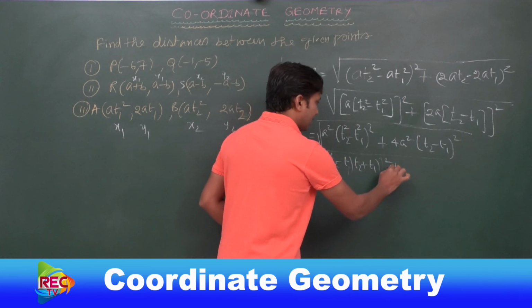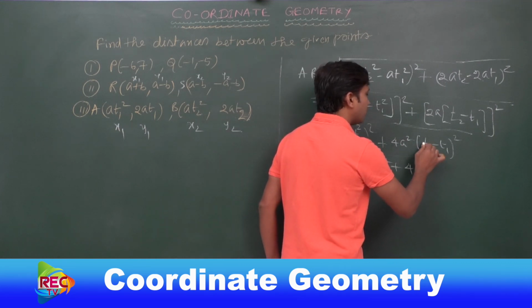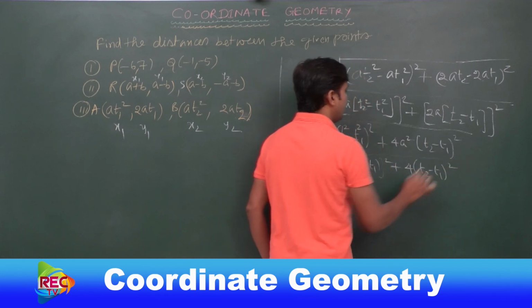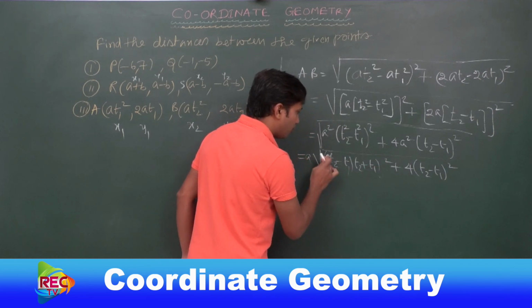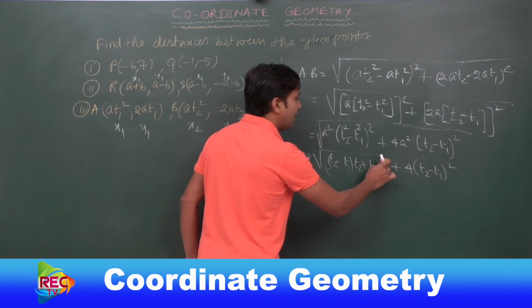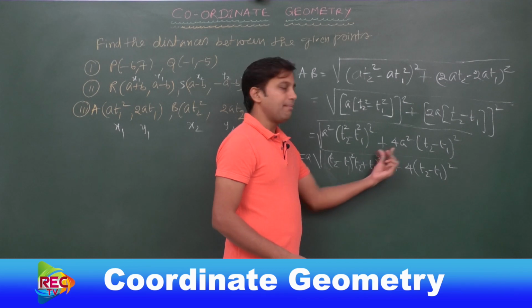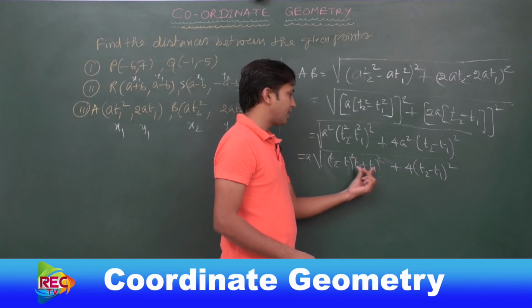And now here there is only 4 into t2 minus t1 whole square. Now just see here, we can apply this square to both the t2 minus t1 and t2 plus t1. Why? Because here ab whole power m equal to a power m into b power m.